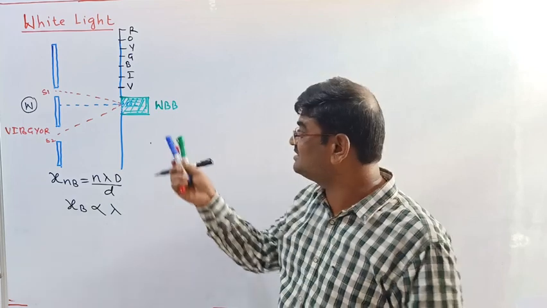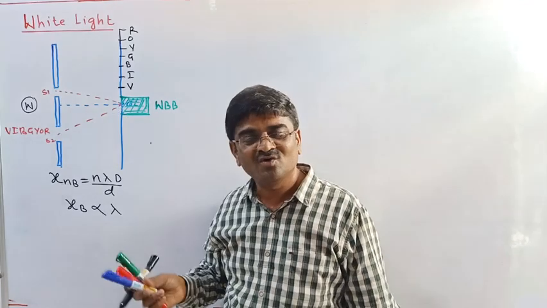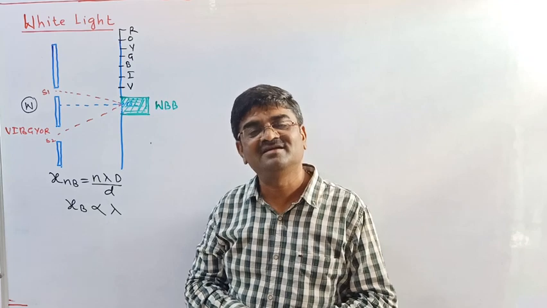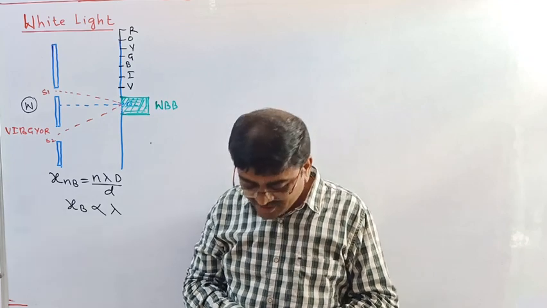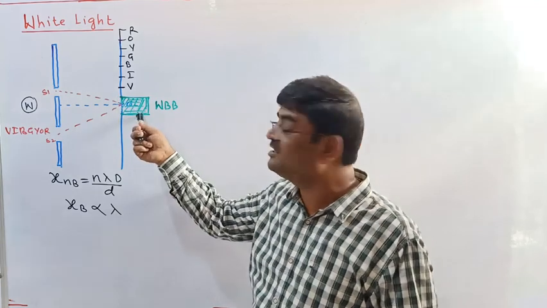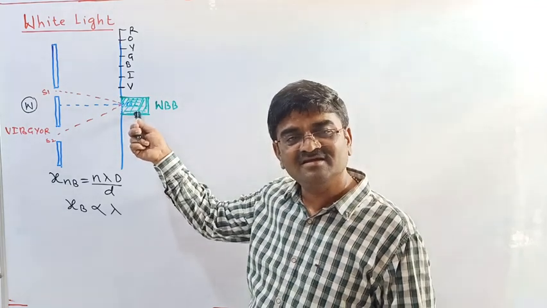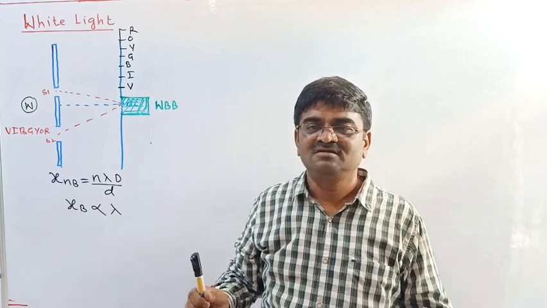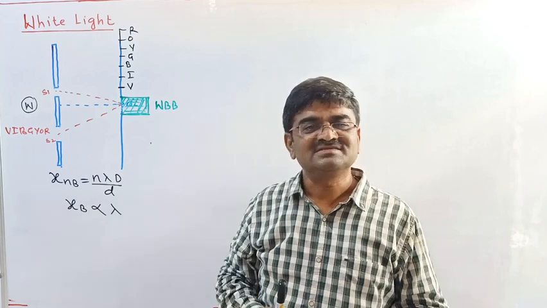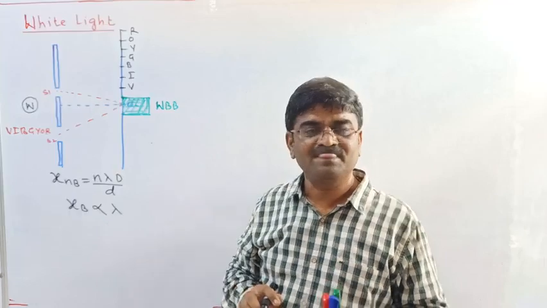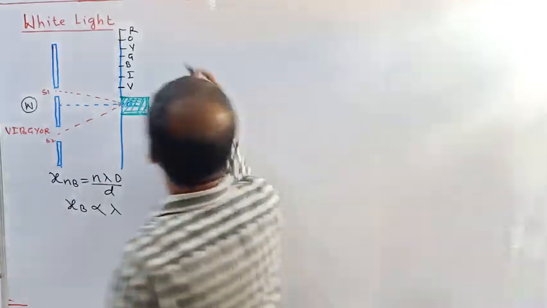You might have noticed here at O, which I have referred to as center of screen, I am getting a white bright band. So in a YDSE setup, white light is used, they see where the white bright band is, and that is taken as the center of screen.